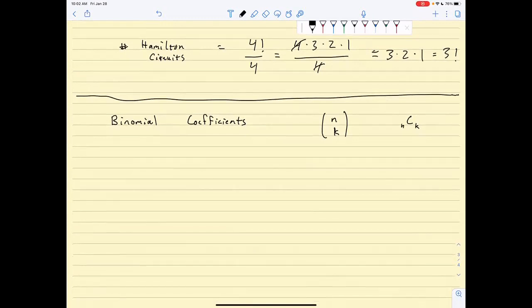Okay, binomial coefficients. These answer a lot of counting questions that you might encounter. And there's a formula for them. I'm going to write the formula, which is going to look ridiculous, but it's a formula.